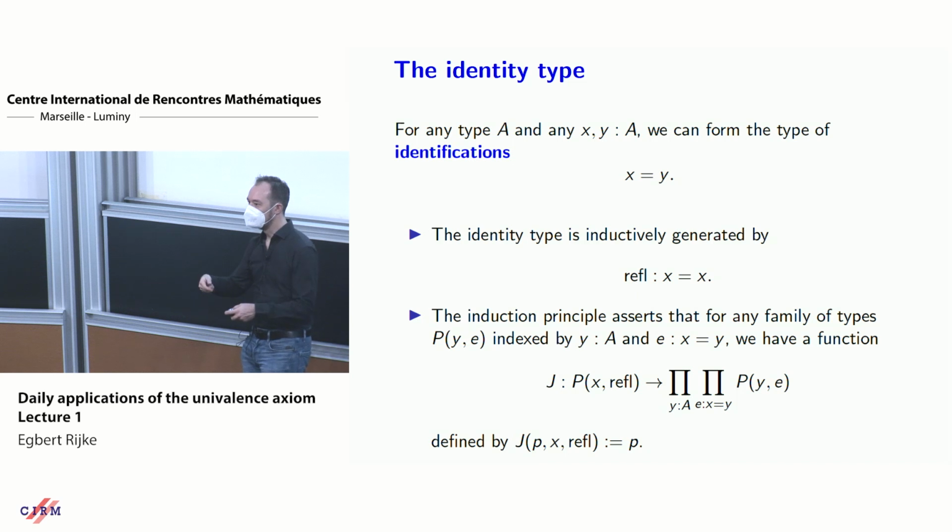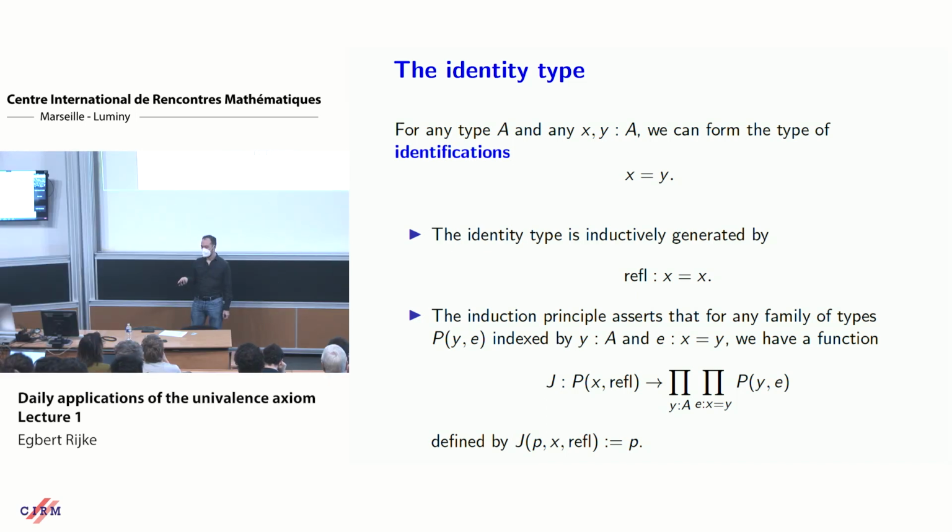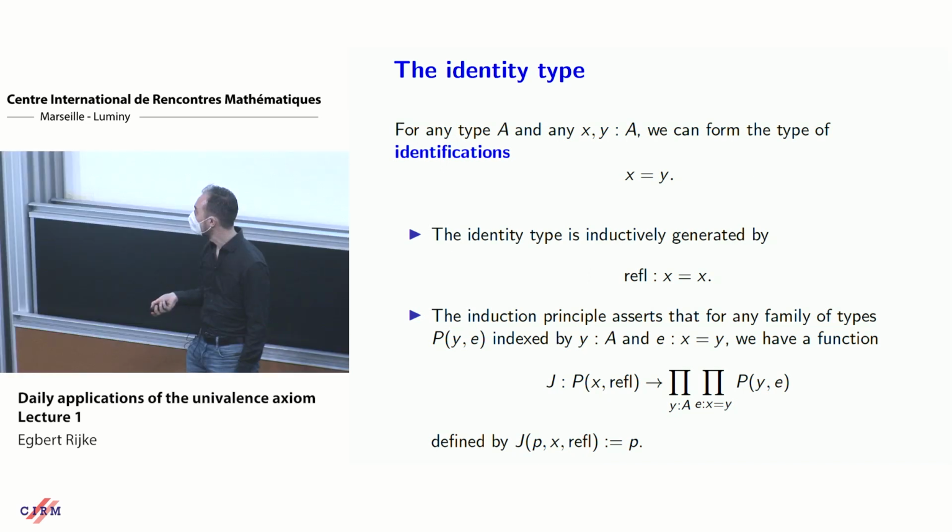So we're going to introduce the identity type as a type. So what this means is that for every x and y in A, we're going to have a type of identifications from x to y. That's this x equals y. It's not a proposition, but it's a type now. And to prove equality, you're going to construct an element of the type x equals y.